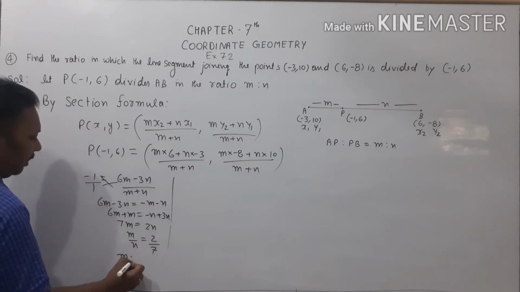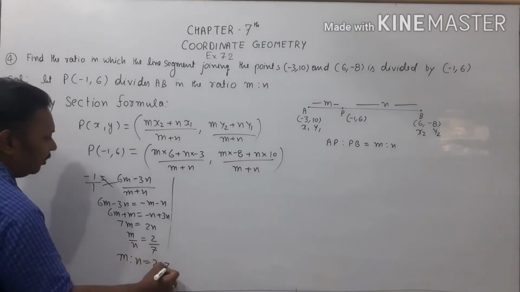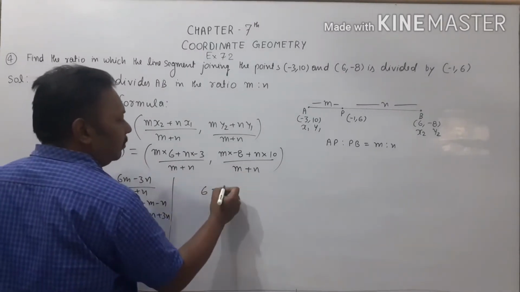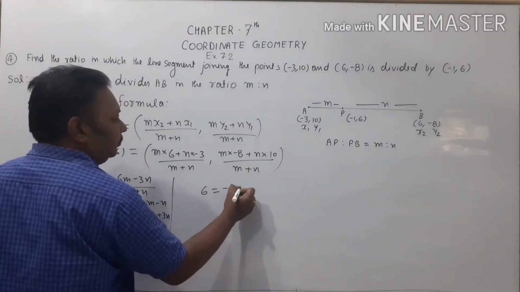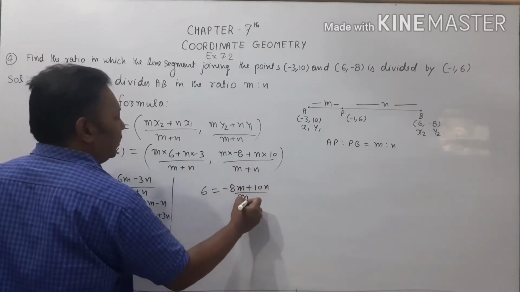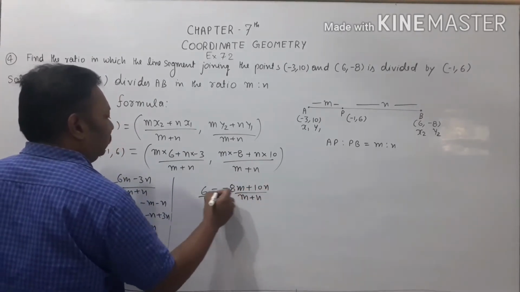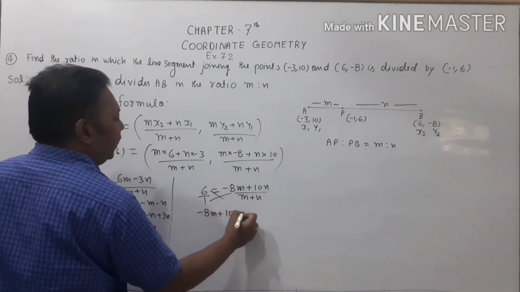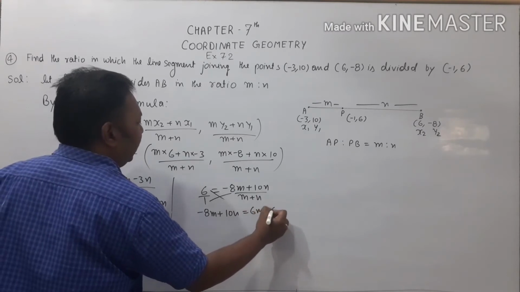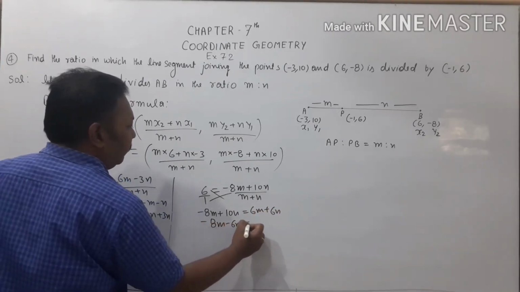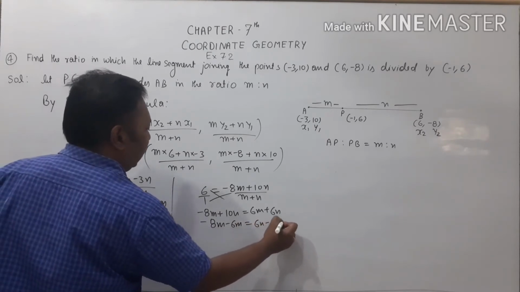So the ratio m:n is 2:7. Then we compare the y-coordinate: 6 equals minus 8m plus 10n upon m plus n, so minus 8m plus 10n equals 6m plus 6n, minus 8m minus 6m equals 6n minus 10n.